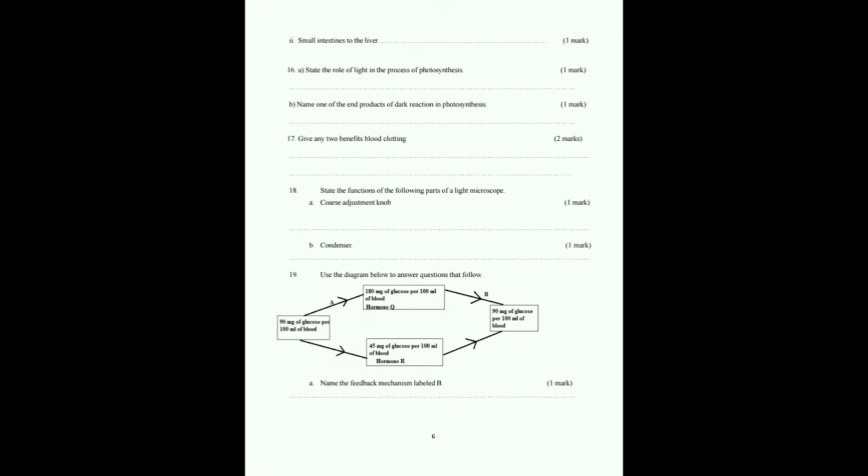Of course, if you are to be asked to give the name of the mechanism A, A would be a positive feedback. Sometimes you can have the excess becoming more excess. That is normally a positive feedback. And the deficient becoming more deficient, like it continues to go down completely, or continues to go up completely.